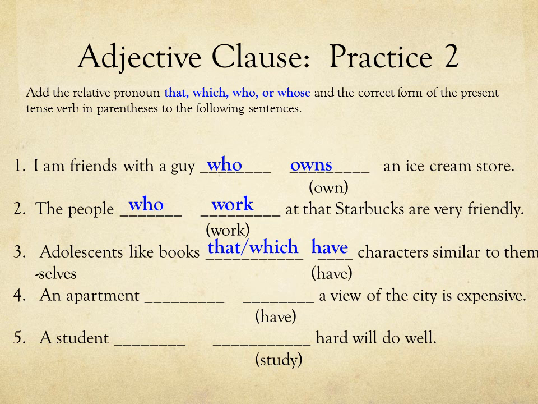Number 4, an apartment that or which has a view of the city is expensive. A student who studies hard will do well.